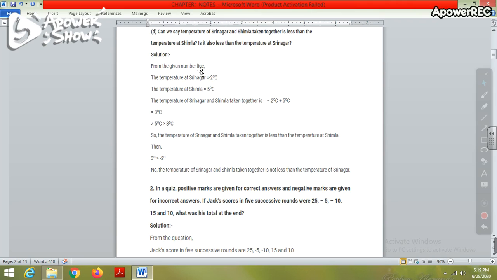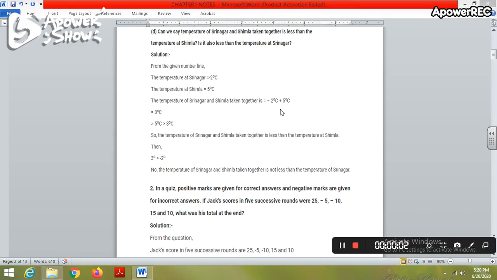In the first part, you have to find out whether the temperature of Srinagar and Shimla taken together is less than the temperature at Shimla. From the first part, we get the temperature at Srinagar is -2 degrees Celsius. The temperature at Shimla equals 5 degrees Celsius. So 5 plus -2 equals 3. So the temperature of Srinagar and Shimla taken together is 3 degrees Celsius.